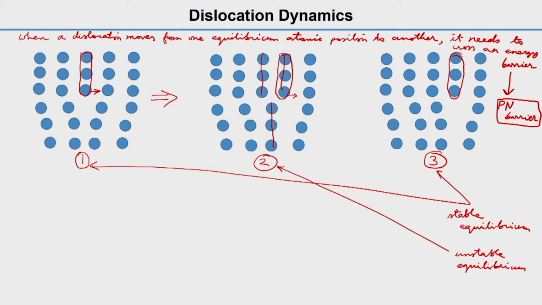In number 1, the extra half plane is in between these two rows of atoms, and even in the third case, this extra half plane is in between these two rows of atoms. But in this case it's unstable, so it wants to go to the right side, and these rows of atoms want to align with this one. So that is why it is not a stable equilibrium.